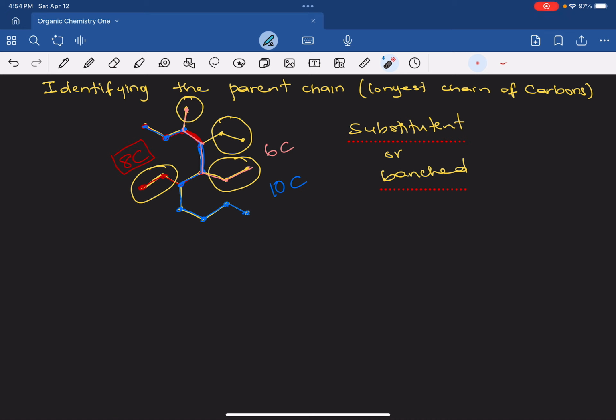But remember, once you find your longest chain of carbons, anything that is not a part of your long chain but is bonded to the chain is considered a substituent. We'll learn how to name those in a second, but this is what you do for your line angle.